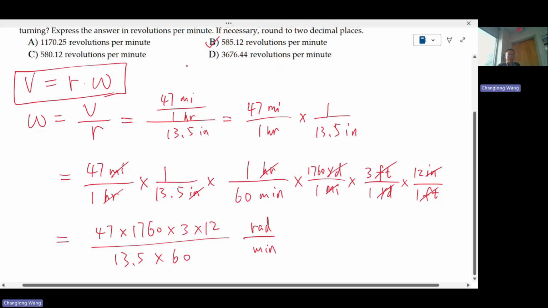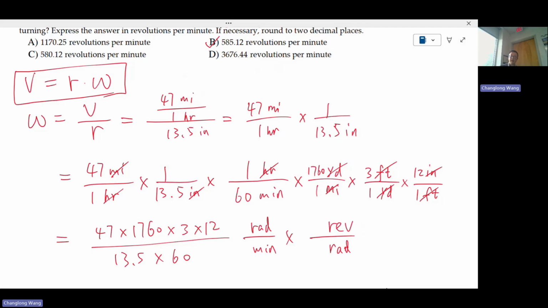But that's still not what we want, right? We want at the end of the day revs, a number of revolutions. So we're going to do one more conversion from radians to the number of revs. So now you guys have to find me those 2 numbers to make sure that the last converting factor is a valid one.